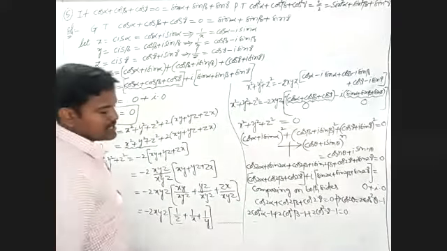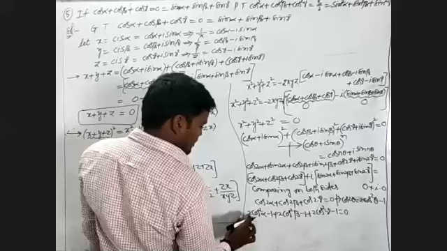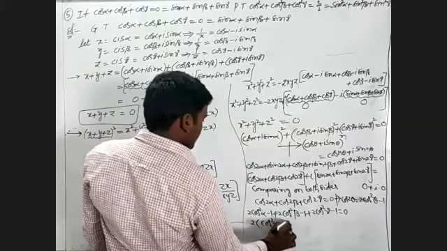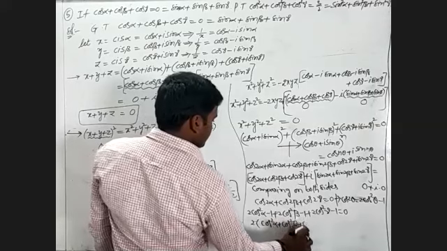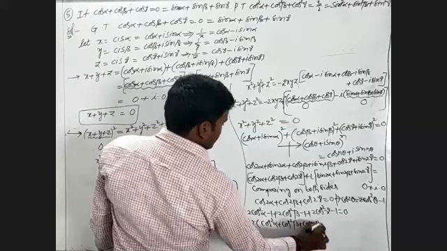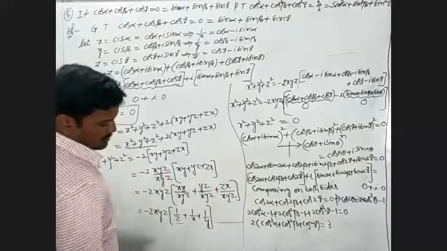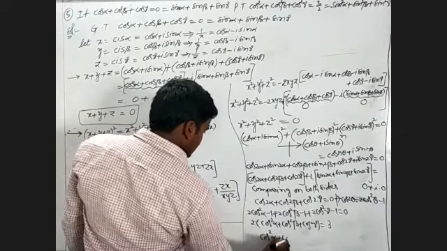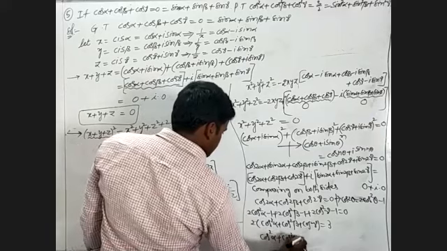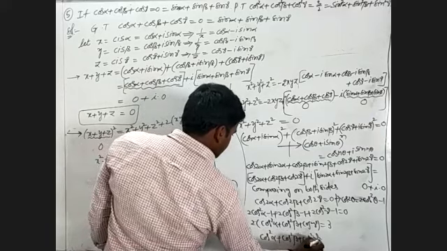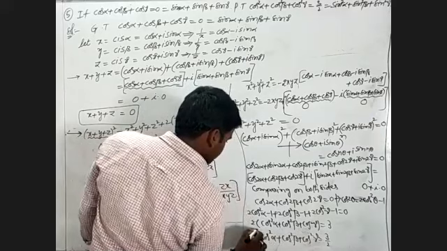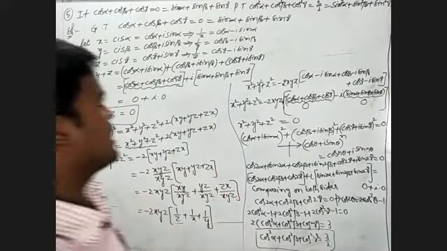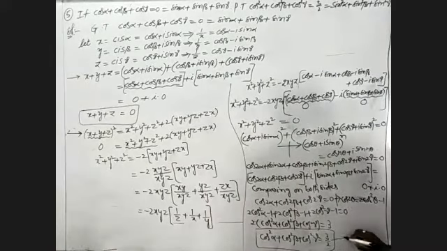Minus 3 goes to that side and becomes 3. Taking 2 common, cos square alpha plus cos square beta plus cos square gamma is equal to 3 by 2. This is equation number 1.